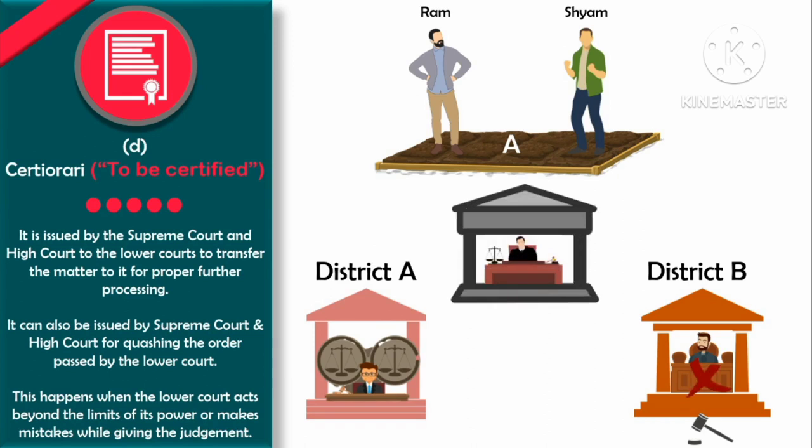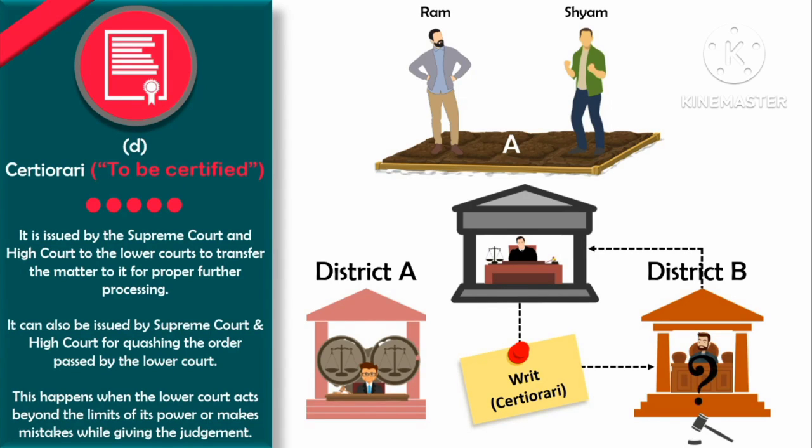No, it doesn't come under its jurisdiction and will also create confusion. In such a situation, the higher court can issue a writ of certiorari against the lower court, asking whether it is certified to take that decision. And the higher court can also transfer the case to itself for further processing.